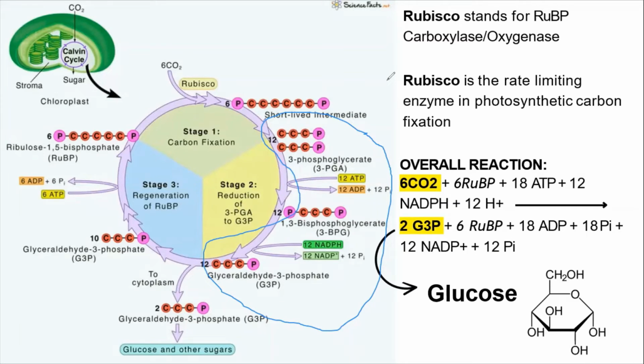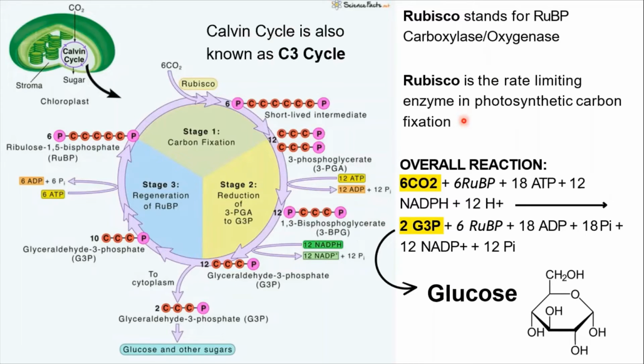And last thing that I want you to notice is that the first product of carbon fixation in Calvin cycle is a 3-carbon intermediate, which is 3-phosphoglycerate. That is why Calvin cycle is also called the C3 cycle.